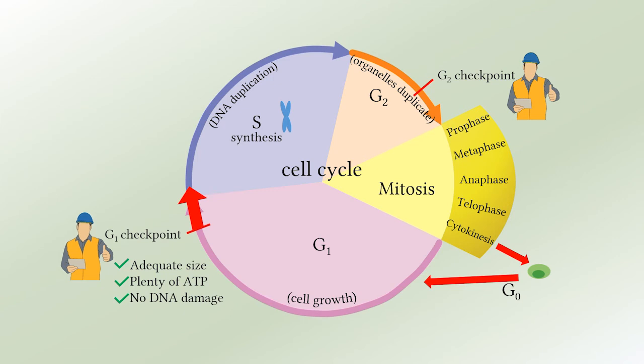If anything is wrong, the cell will stop itself from moving on in the cell cycle, first trying to fix things in an extended G1 phase, or if not, it will enter the G0 phase and never divide.